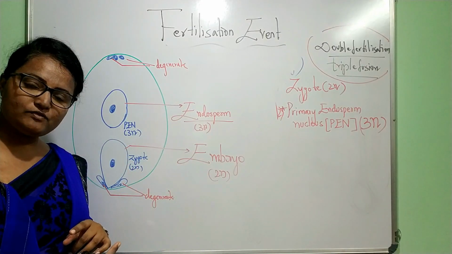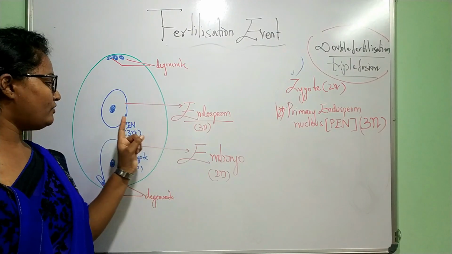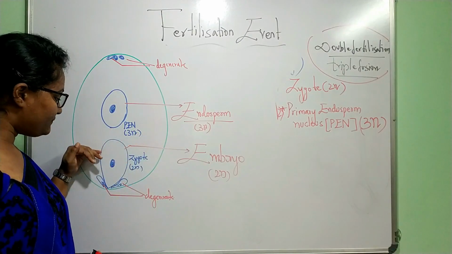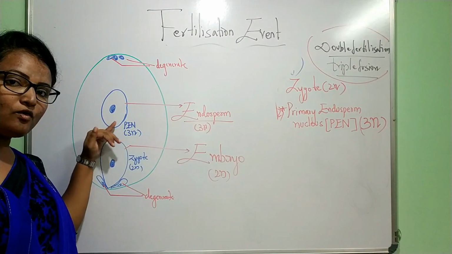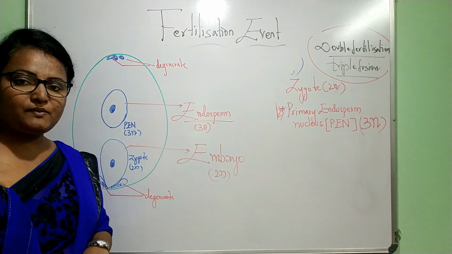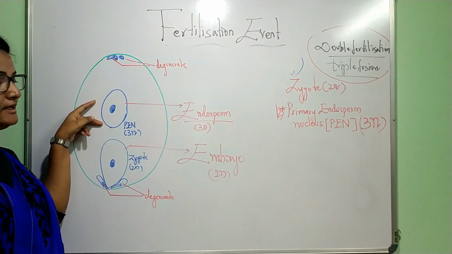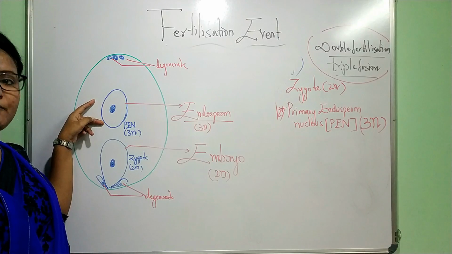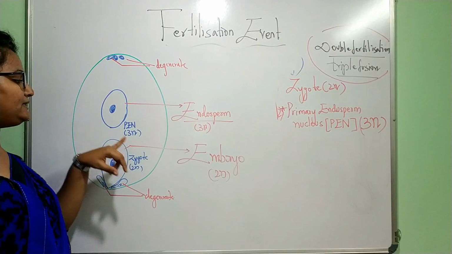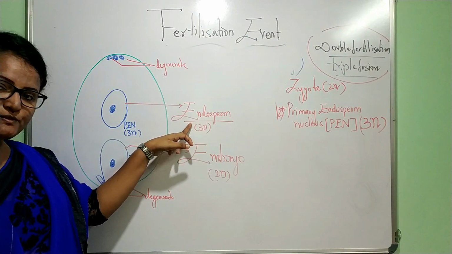Another fuses with the polar nuclei or secondary nucleus to form the PEN, the primary endosperm nucleus. Twice they undergo fertilization, hence it is called double fertilization. Why triple fusion? The second fertilization involves three haploid sets, forming the PEN, which later forms endosperm.